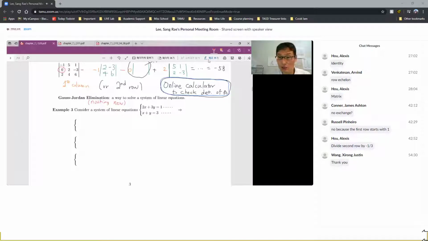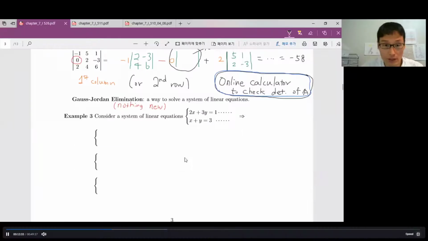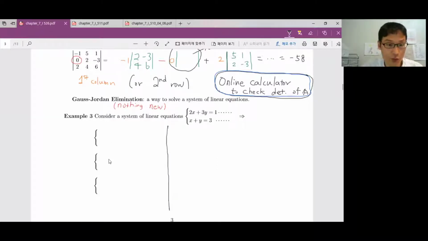Okay. So in the very first column, we will solve this system in the usual way, as you know, and then in the next column, we will rewrite it in terms of matrices. That's it.